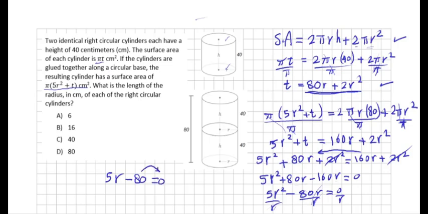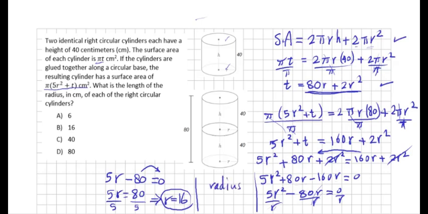We can now move the 80 to get 5r equals 80, and then divide by 5 on both sides to get r equals 16. So the radius of each cylinder is equal to 16, which is the solution of this equation.